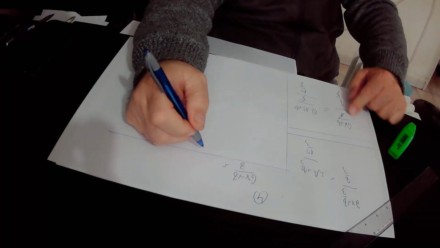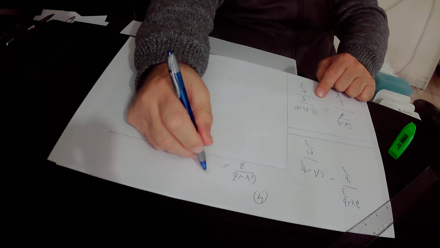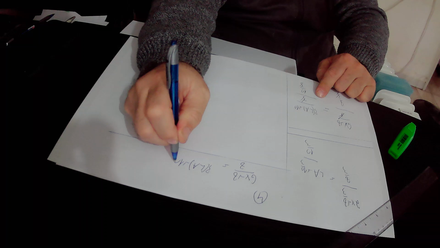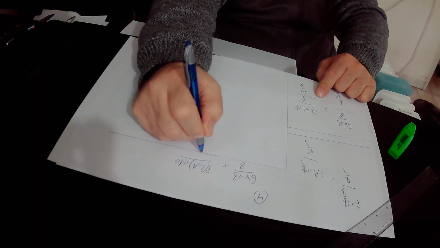This equals, on the other side of the equation, we have 3LA plus 10 over 10.